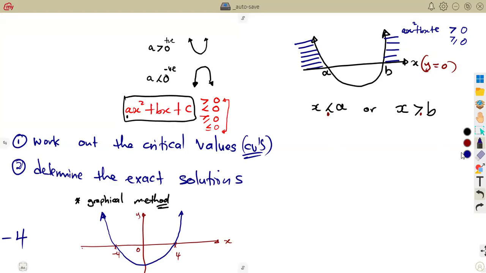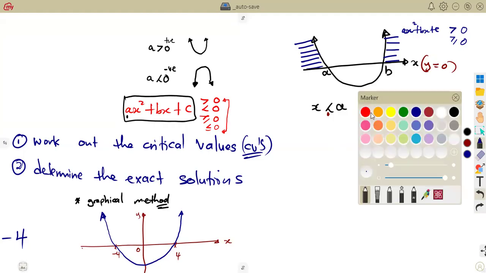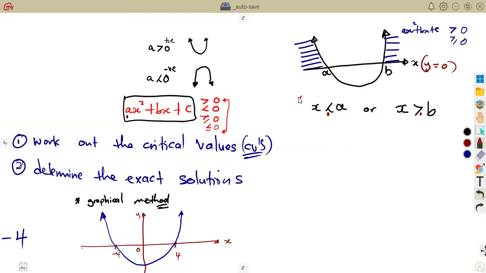This is a condition. Let's just name it number 1. So we say this is a condition when ax squared plus bx plus c is greater than 0, or it can be greater than or equal to 0, then you put it like this, okay?